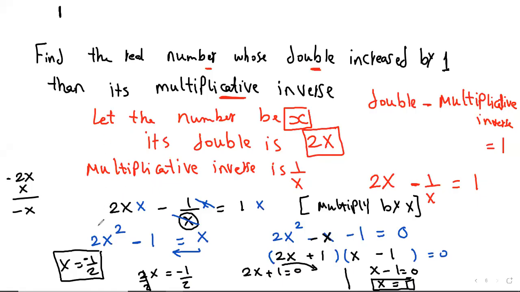The double of negative half is multiplied by 2, it's negative 1, and its multiplicative inverse is negative 2. So the double increased by its multiplicative inverse by 1. And here 1, the double of 1 is 2, and the multiplicative inverse of 1 is 1. So 2 increased by 1 is 1.